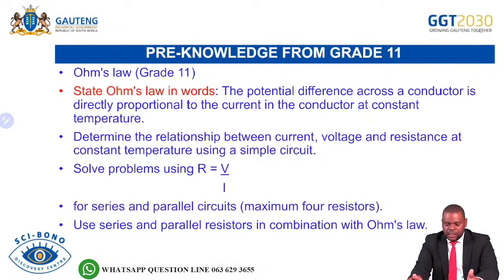Ohm's law states that the potential difference across a conductor is directly proportional to the current in the conductor at a constant temperature, meaning that we should not allow the temperature to change, whether to increase or to decrease, because it will affect the potential difference and the current.